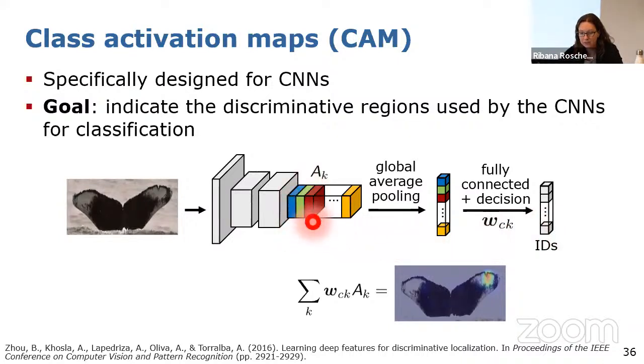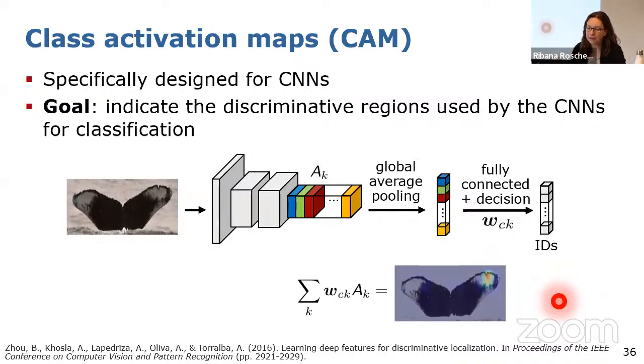So here you can see I colored all the single activation maps A_k. And you just take the average to get one value, and this is concatenated. So this is a very easy principle. This is global average pooling.